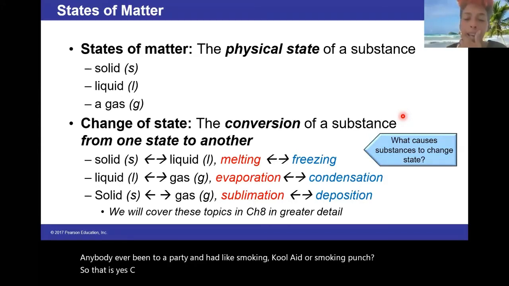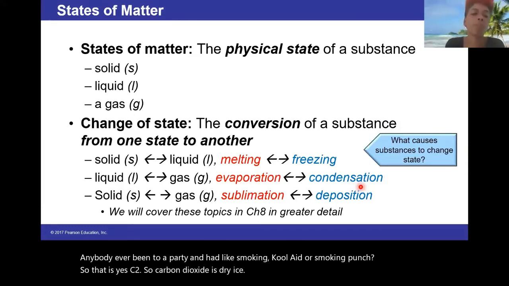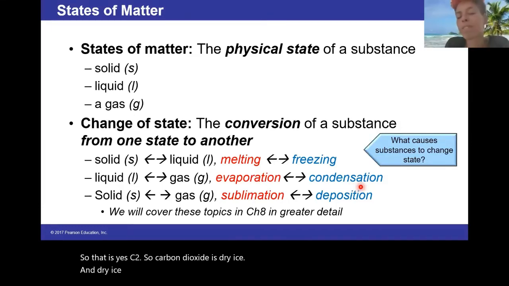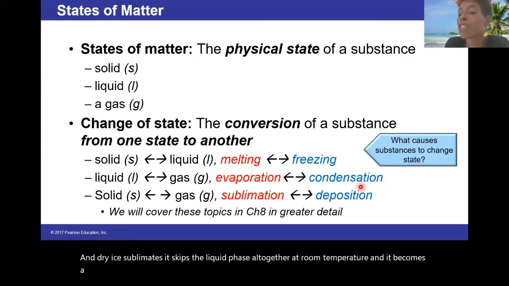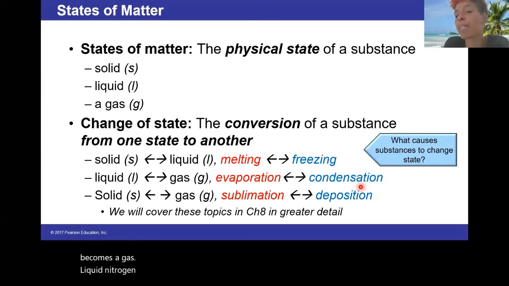So carbon dioxide is dry ice, and dry ice sublimates. It skips the liquid phase altogether at room temperature, and it becomes a gas. Liquid nitrogen does not sublimate because it's a liquid, and it goes from a liquid to a gas.